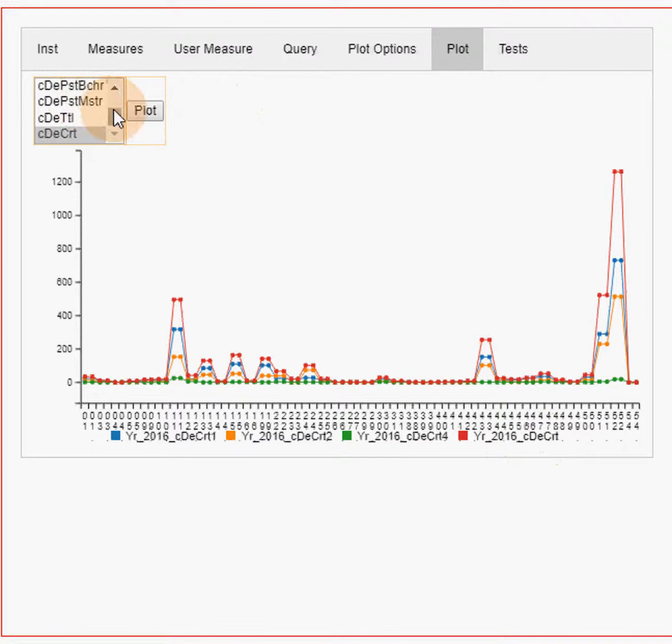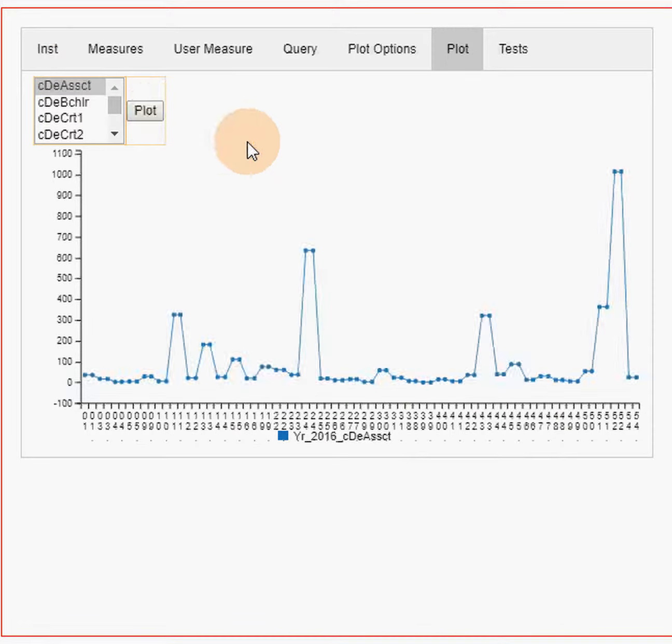We can also look at the associate degree levels. Again, for the associate degree, you see the 52 is the highest.